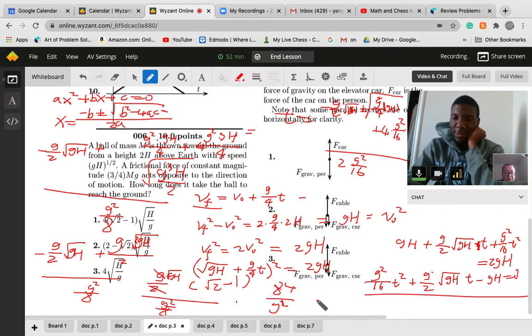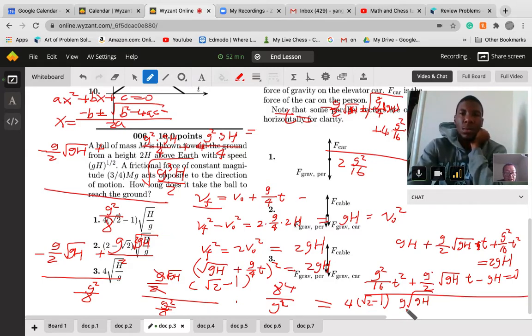So the final answer is 4 times root 2 minus 1, then times g times gh, 4 times root 2 minus 1, then times h over g.